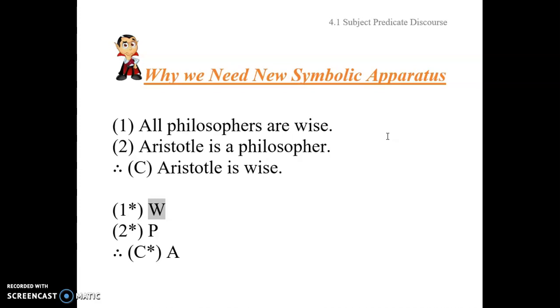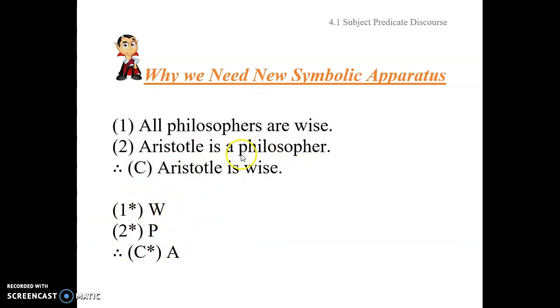And then the idea is once we have a way of symbolizing the complex structure of this sentence and revealing that complex structure, then we will see that the argument is in fact valid, okay? It doesn't have to be this argument that is valid, but we don't really have a way propositionally of symbolizing it. There are many others.